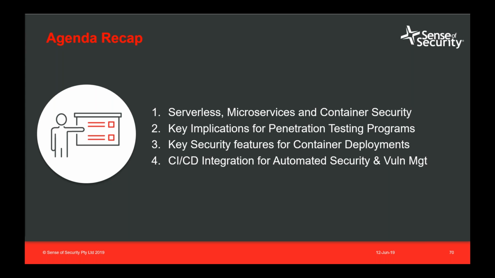So let's just do a quick recap of where we were and what we discussed today. We were talking about the overview of serverless technology, microservices, and containers in modern day technology. We compared microservices to the traditional monolithic technology stack and identified why containers have become so prevalent and prominent in today's modern cloud technology.